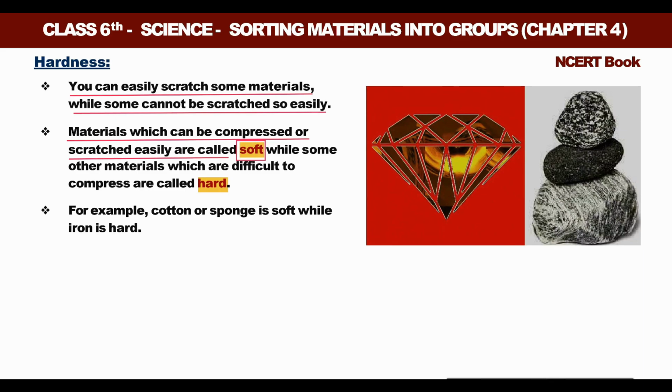Those who are compressed easily, scratched easily, उस पे scratch आ सकता है, they are known as soft. While some other materials which are difficult to compress, और scratch भी ना आए, we can say they are hard materials. For example, cotton or sponge is soft while iron is hard.